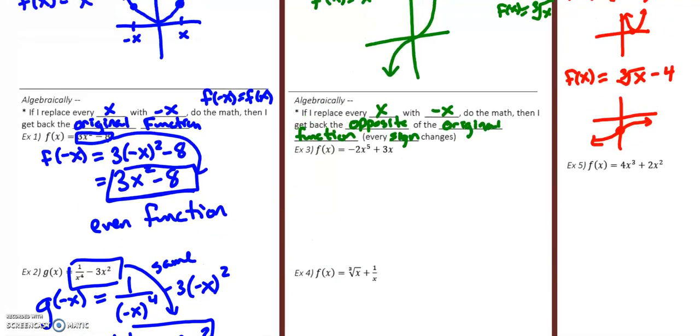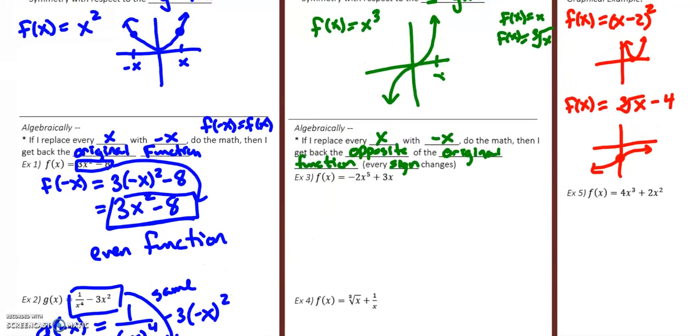Which makes sense. If I look up here at my picture, here I have an x and some sort of y value. And if I look at what happens when I apply origin symmetry, when I go to the opposite of x, I have the opposite of y. Everything changes when I plug in that negative x.